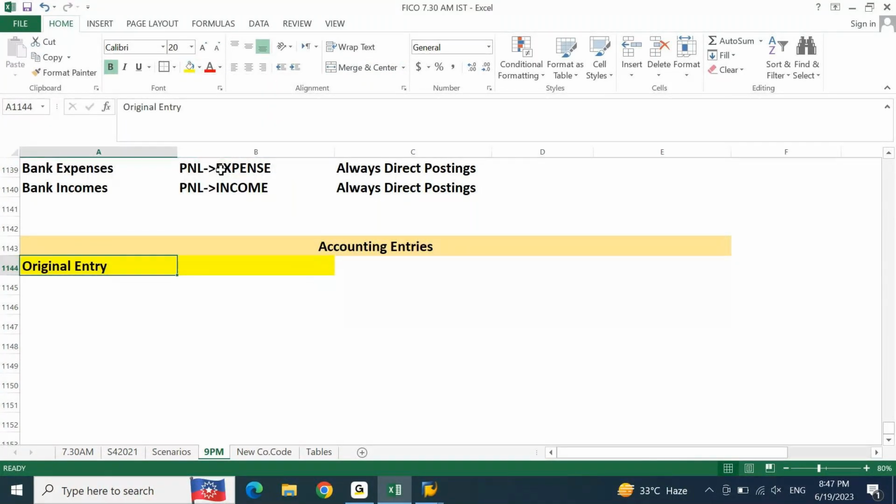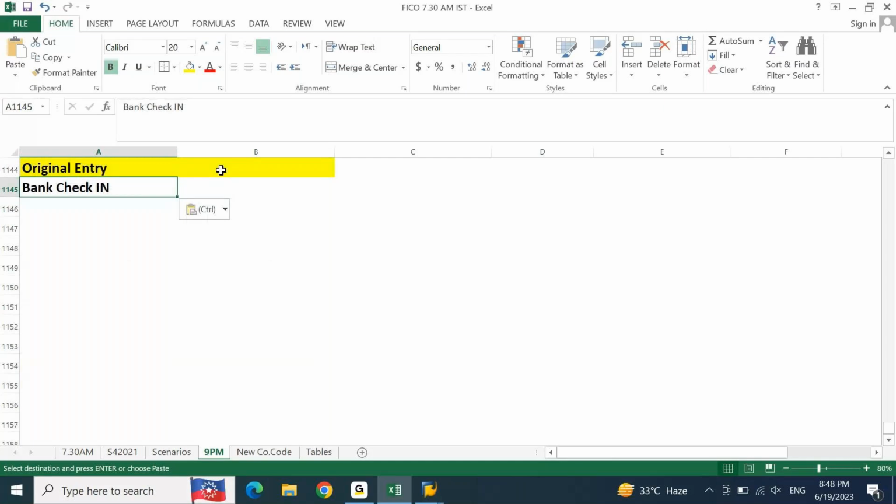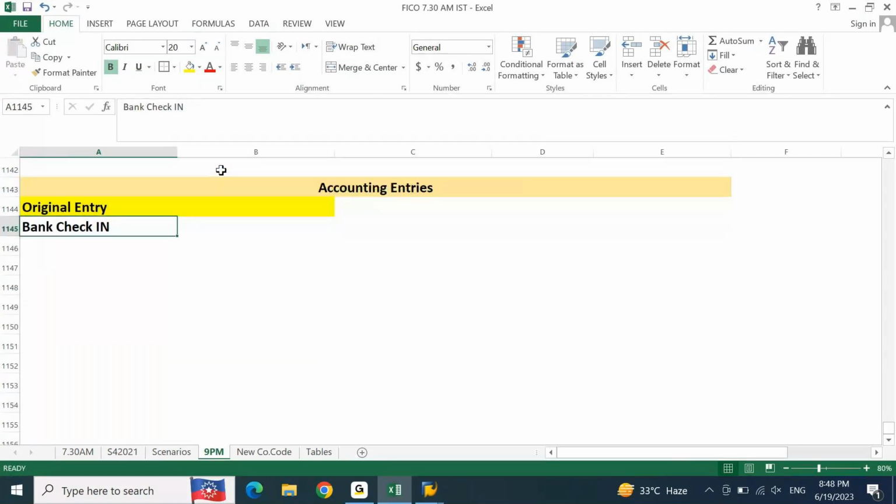First account that we have here is bank check incoming account. For bank check incoming account, normally check incoming you will receive from customer or check incoming you will give to vendor.